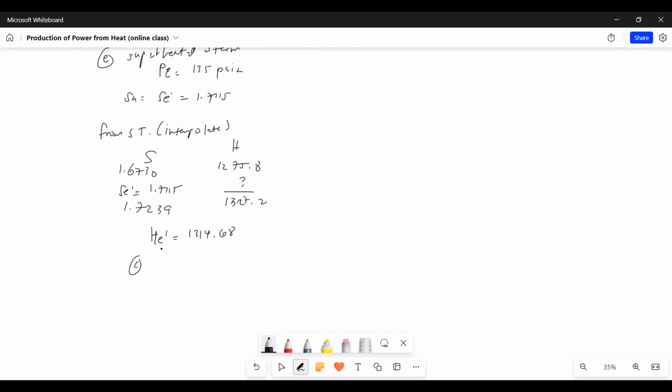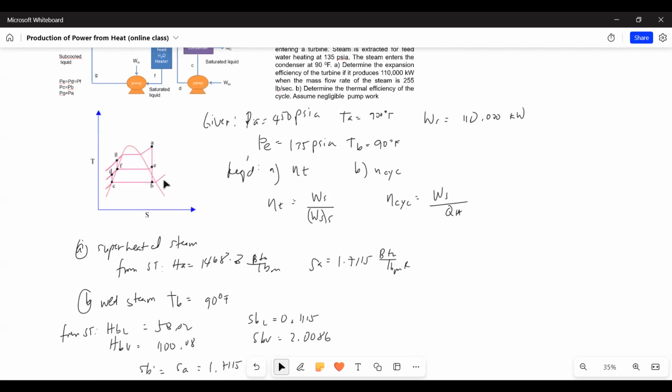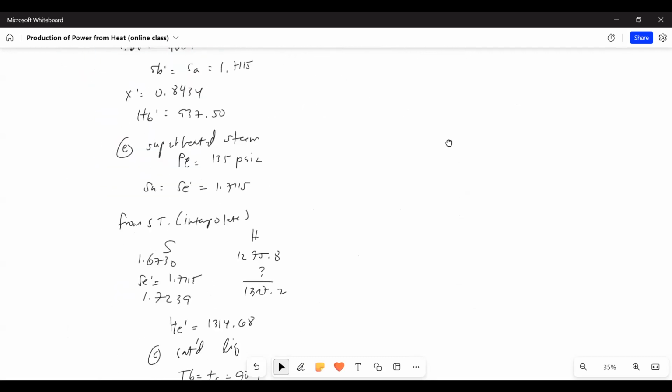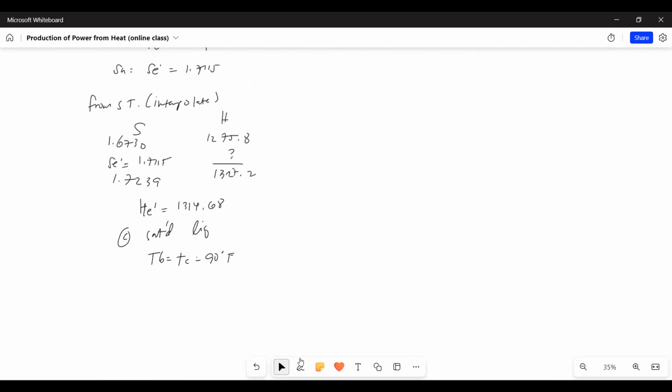At point C, it's saturated liquid. Okay, saturated liquid. And what do we know? TB equal to TC equal to 90 degrees Fahrenheit. Okay, why? Again, TB equal to TC, and that TB is given 90 degrees Fahrenheit. So point C. From the steam table, we know that PC or P saturation at that temperature is 0.6981 psia. Remember, we're dealing with saturated liquid.